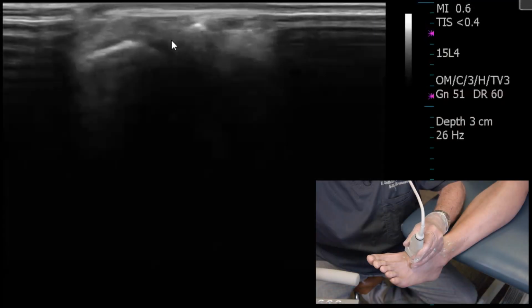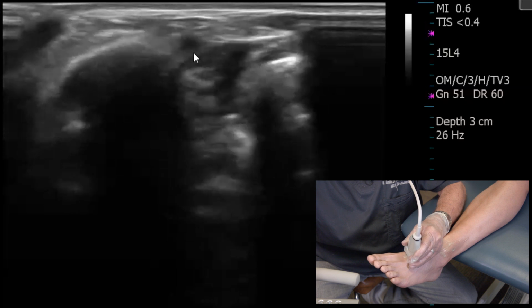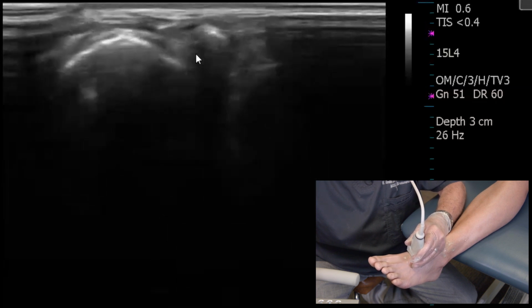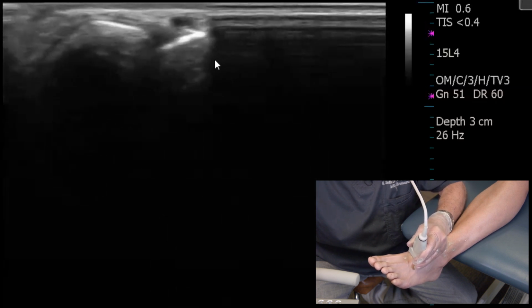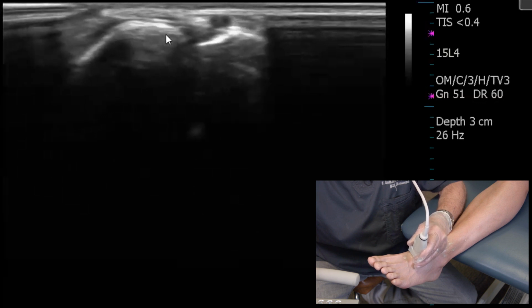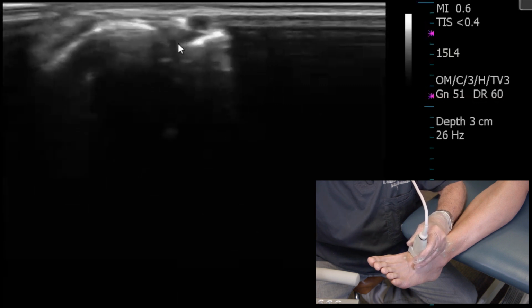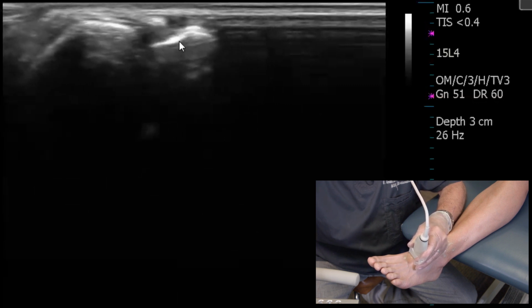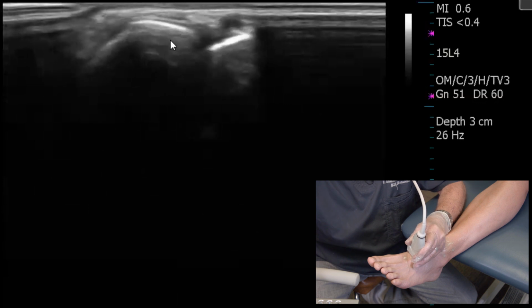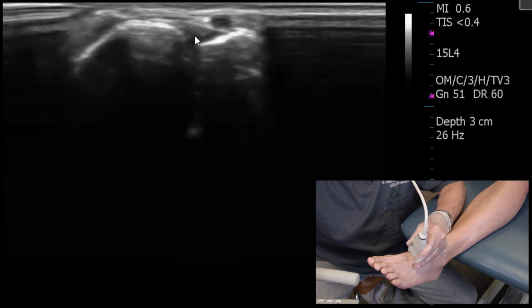Now, going back down, I'm going to move to the second cuneiform, and now the second cuneiform is here. The base of the metatarsal is to the left of the screen. In between, you have the Lisfranc ligament.